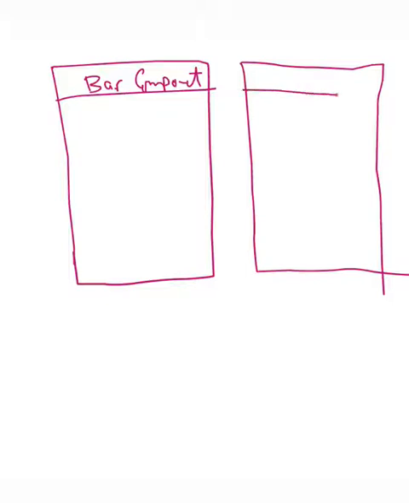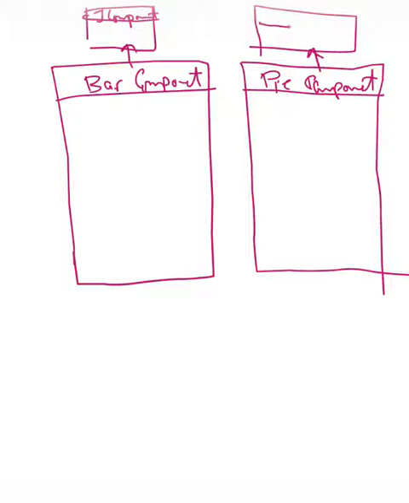The purpose of these classes is to represent the component of the bar chart and the pie chart so we can add it to the frame, and both of them have to inherit, back to chapter 11, the class JComponent so that they are components and can be added.